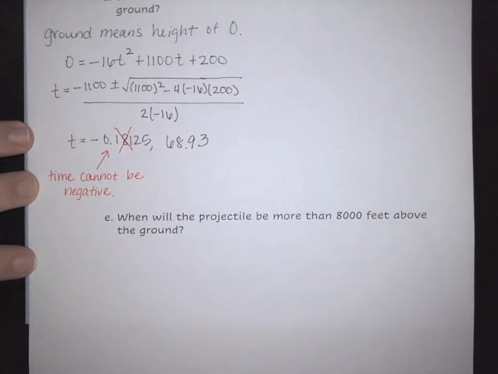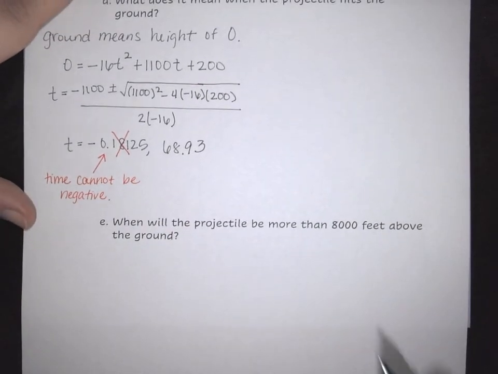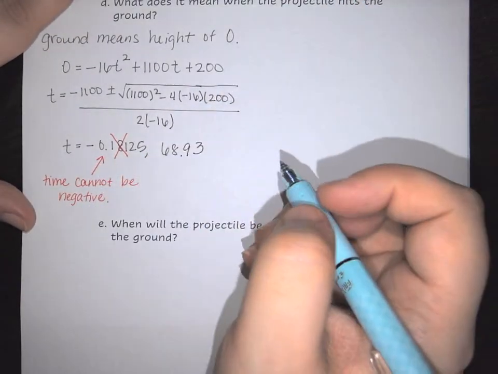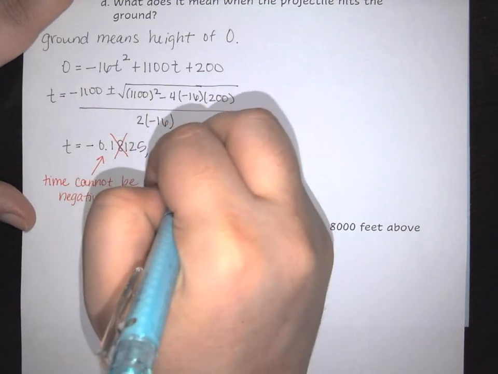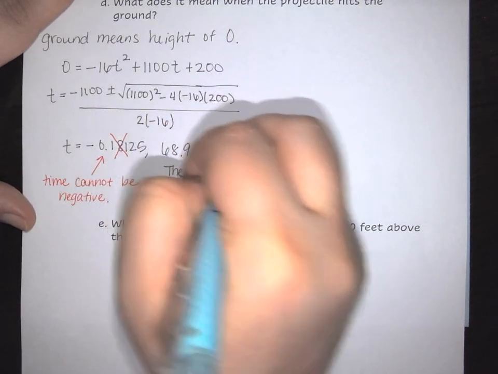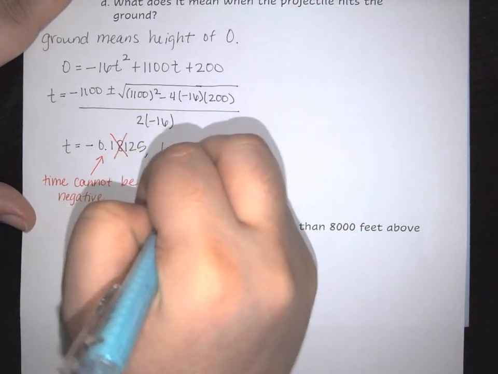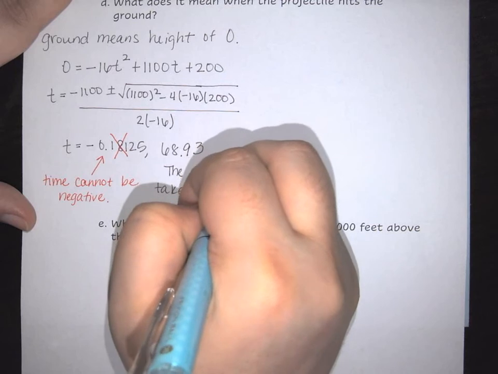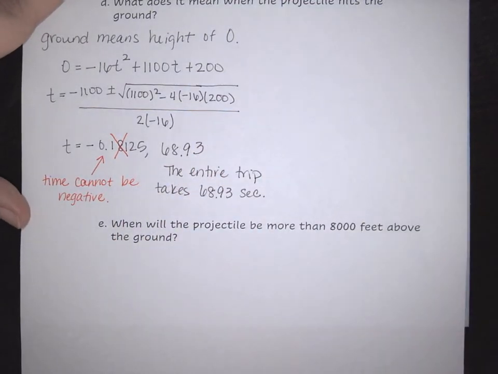Negative would essentially mean going back in time, and we don't do that. And so what we would find out here is that the entire trip takes 68.93 seconds from start to finish.